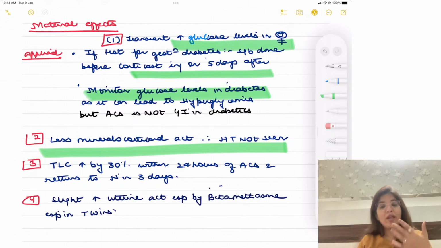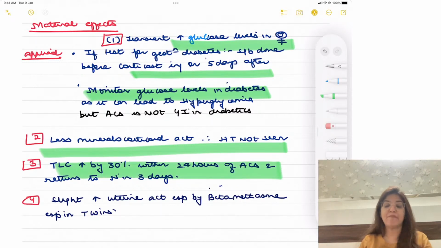Number 3, when you give corticosteroids, the TLC of the female is going to increase by 30% within 24 hours and it is going to return to normal in 3 days. Again, keep this fact in mind because infection is also one of the predisposing factors for preterm labor.